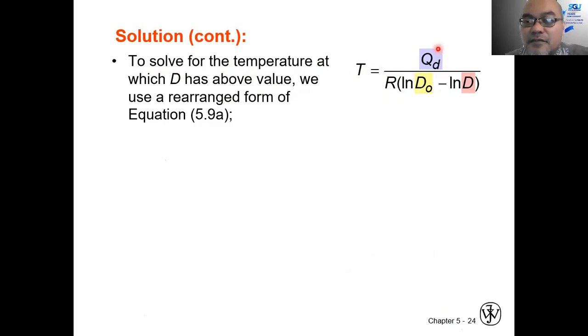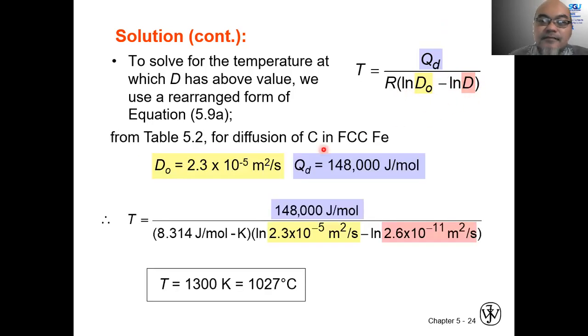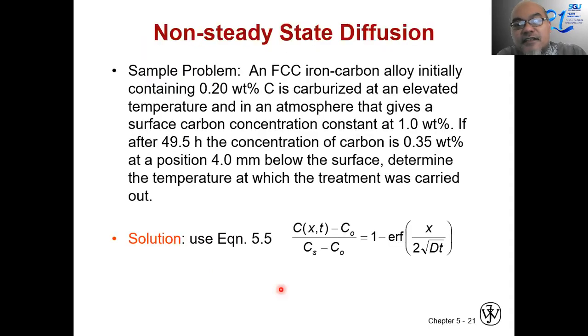T will equal Q_D, the activation energy, divided by R, the gas constant, times the natural logarithm of D0 minus the natural logarithm of D. The diffusion coefficient D0 of carbon in FCC iron is 2.3 times 10 to the power minus 5. Activation energy is also known. Based on this, we can calculate T to be 1,300 Kelvin or 1,027 degrees Celsius. This is the temperature at which this carburization occurs.